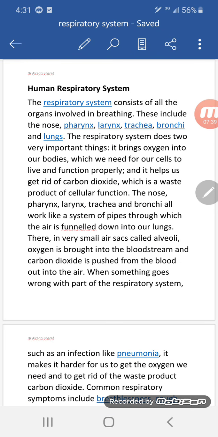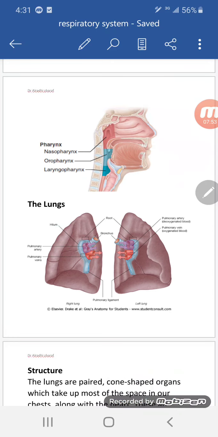So, in this lecture, we know the components of the respiratory system, and we know the components of the upper respiratory system and the lower respiratory system. We see the structure of the upper respiratory system and the structure of the lower respiratory system.